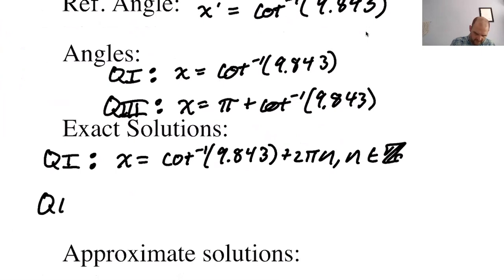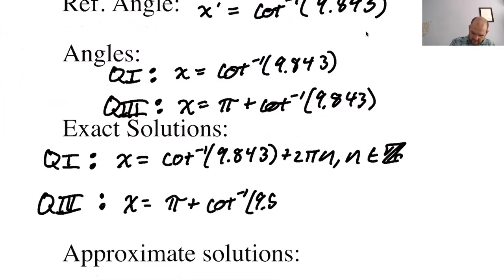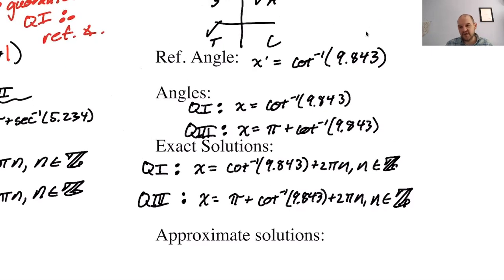And then in quadrant 3, same deal, basically. It's going to be pi plus cotan inverse. So this is the reference angle. And then plus 2 pi n, where n is an element of the integers. Then we can get approximations for those.